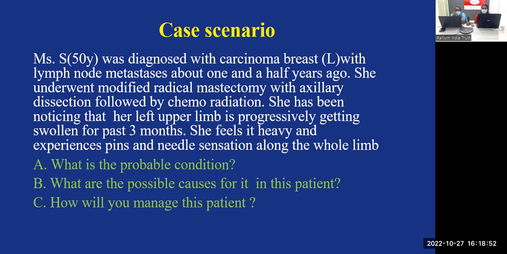Now we have learned about lymphedema, and about the primary and secondary classification of lymphedema. This is a patient who has breast cancer and underwent a mastectomy, followed by chemotherapy and radiotherapy. Gradually she has developed edema in her upper limb.